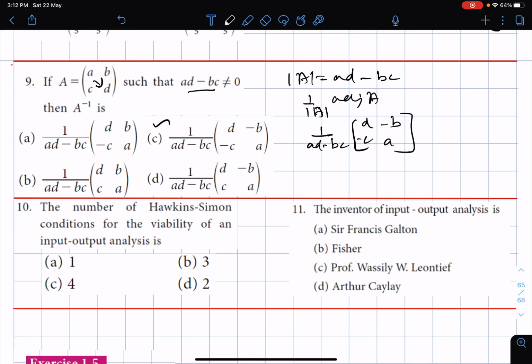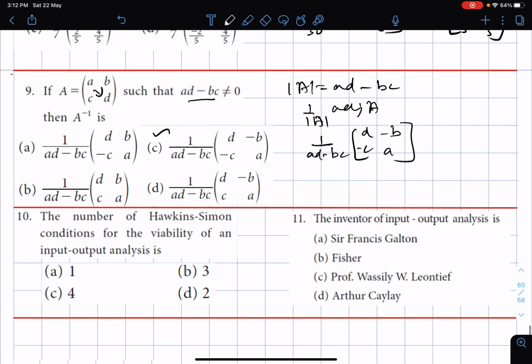Now coming to our 10th problem, the number of Hawkins-Simon conditions. We know the Hawkins-Simon conditions. Let me write it once again, it's confusing here.